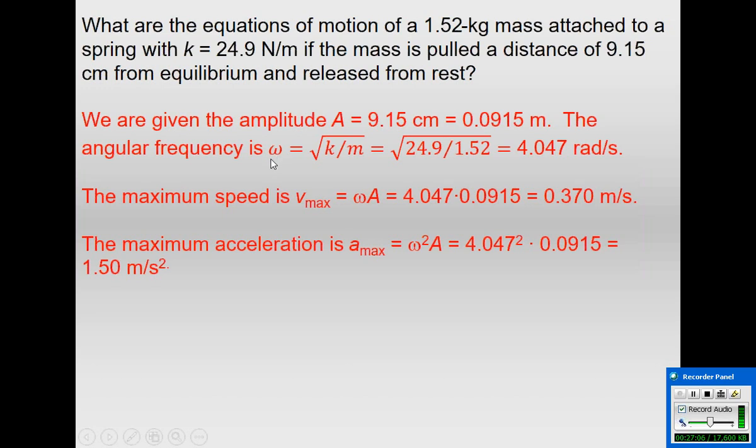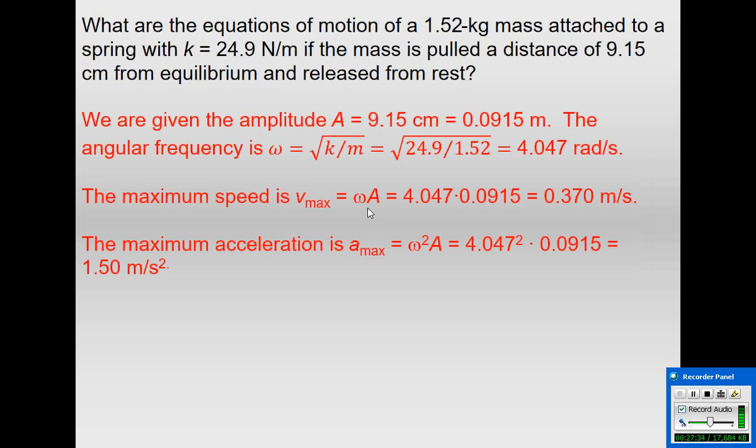We have K and M. The angular frequency, omega, is the square root of K over M. The angular frequency is 4.047 radians per second. The maximum speed is omega times A. You saw that when we looked at the general expression for velocity as a function of time, minus omega times A times the sine of omega t.